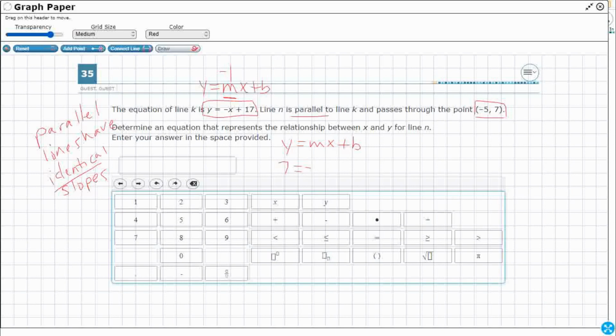My m is -1. My x is -5. Now I'm just solving for b. All right, so that's going to be 7 equals -1 times -5 is just 5 plus b. And then if you subtract 5 from both sides, you're just going to get 2. b equals 2.